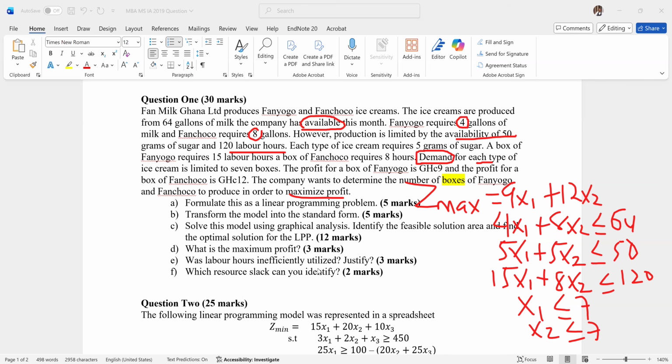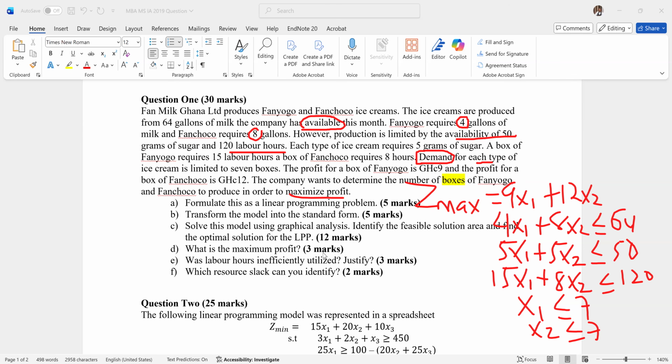Yes, Bernard. So what about if you write x1, comma, x2 less than or equal to 7? Would that be correct? No, you cannot do it like that, because anytime there is a comma, you are setting the limitation. Because you're going to write x1, comma, x2 greater than or equal to, you remember that? Non-negativity, you're going to do that. So if you tell me that x1 is less than that, x2 is less than that, but you also say that you are greater.